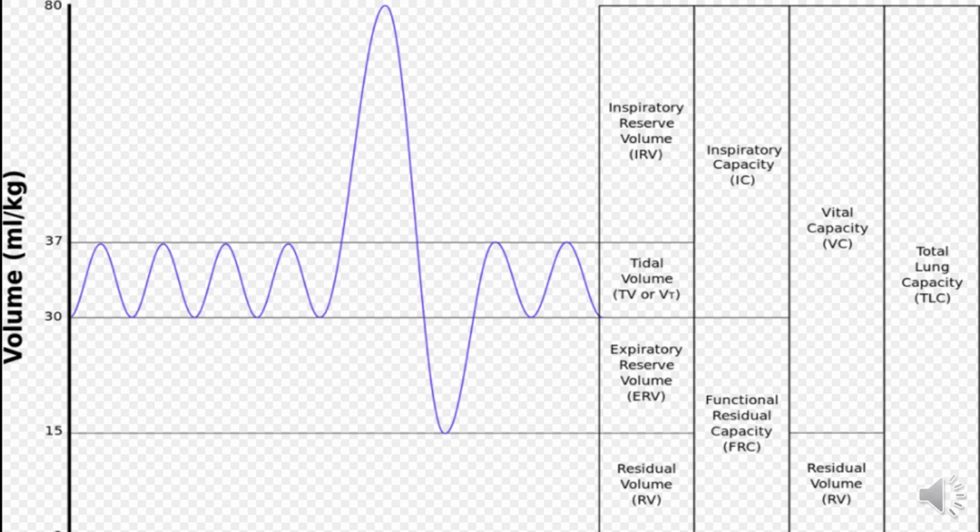So now you know about these four volumes and the capacities. Inspiratory capacity is the inspiratory reserve volume and tidal volume. Then FRC, functional residual capacity, is the expiratory reserve volume and residual volume. This is actually a reserve volume, when we need it we use it.